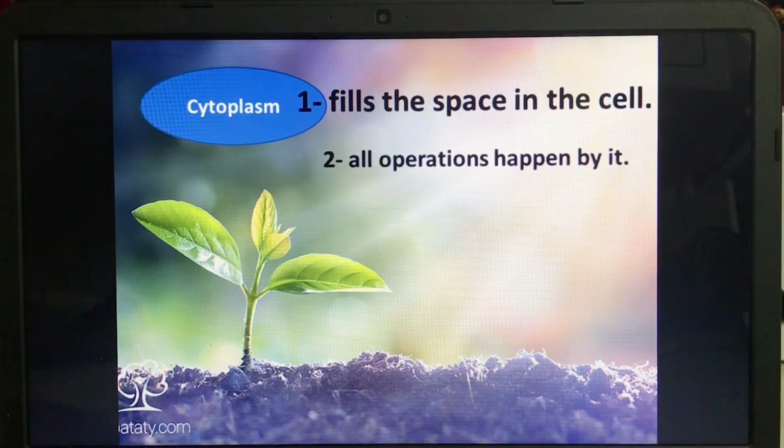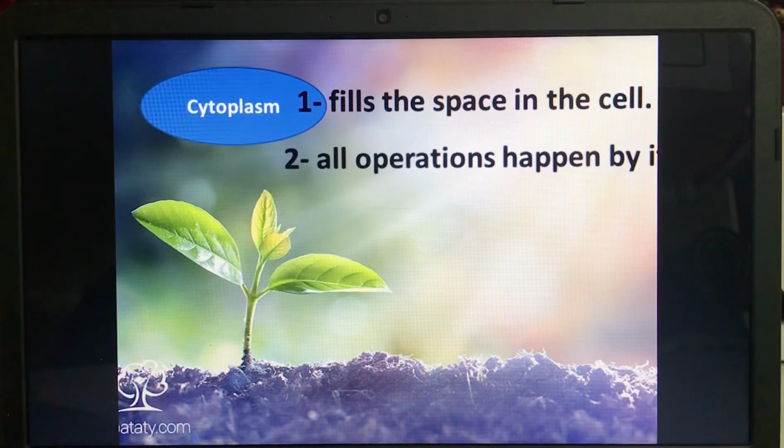Number 2, all the operations or processes. Do you remember operation or process? All the operations that happen in the cell, they are acted by the cytoplasm.